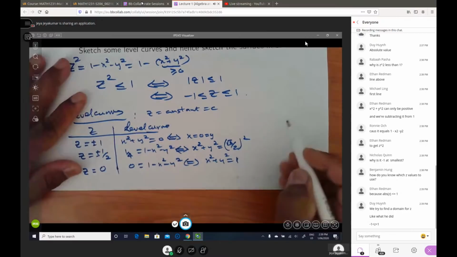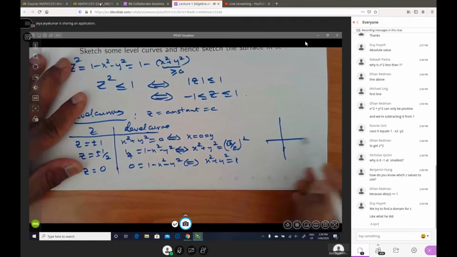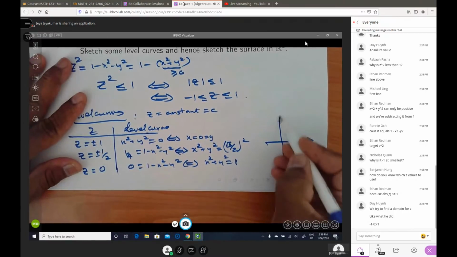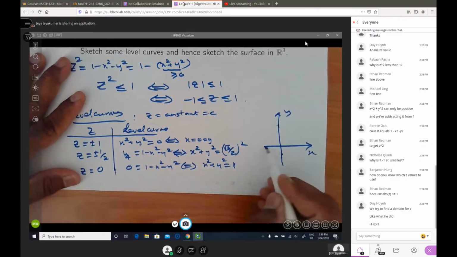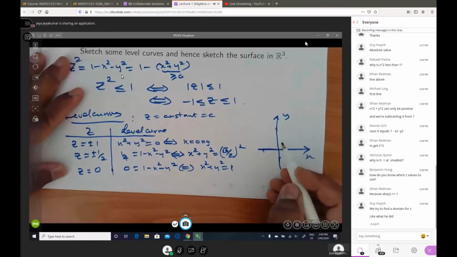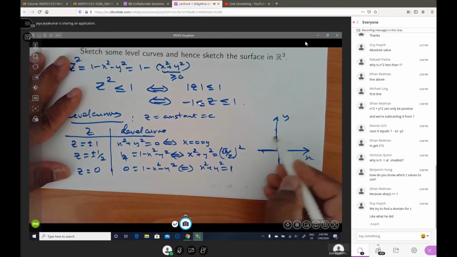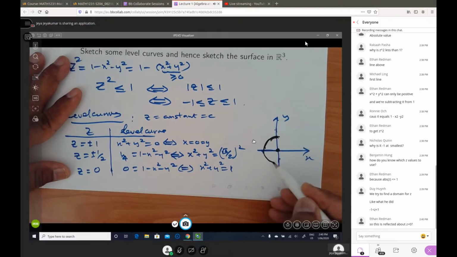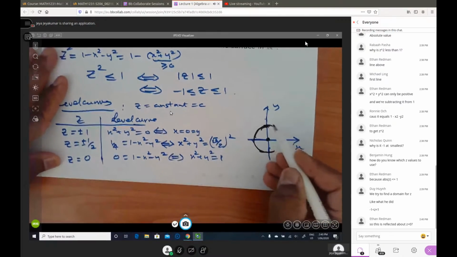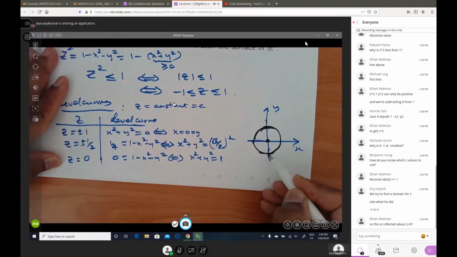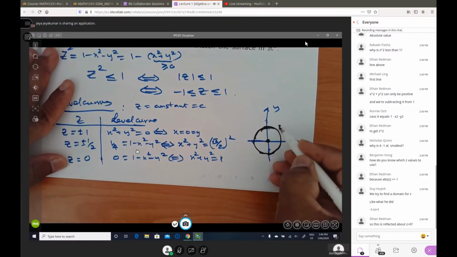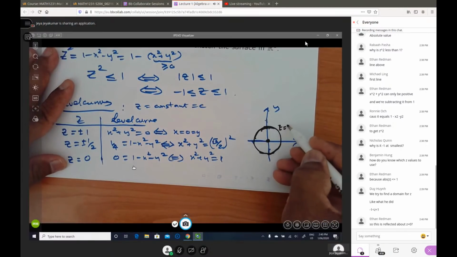Okay, so the level curves you can sketch here. They are in a two-dimensional space. For z equals 1, you have a point here. For z equals plus or minus half, a circle with radius root 3 over 2.